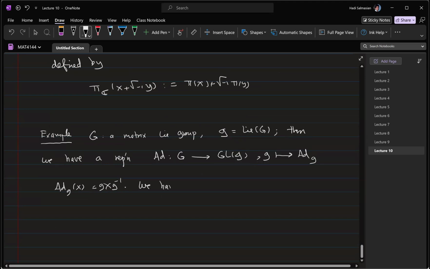And we have seen before that the differential of Ad, little ad of x, is the bracket.